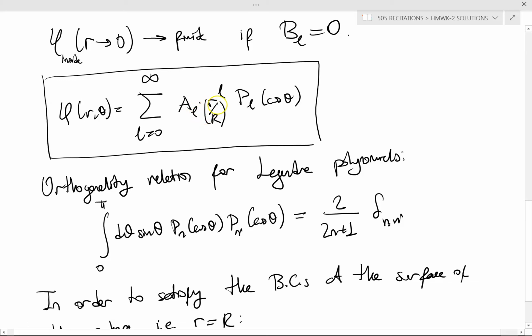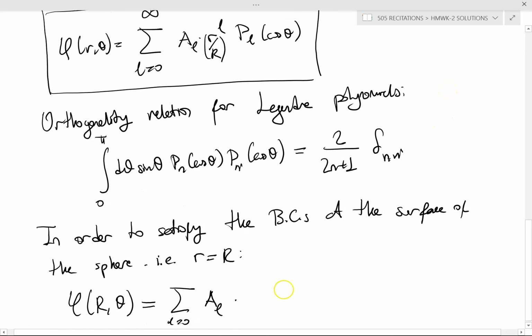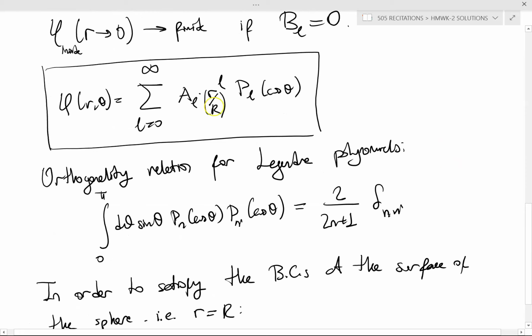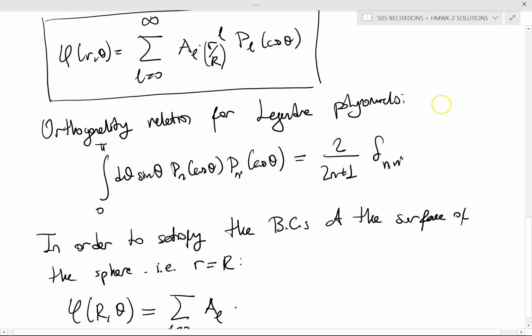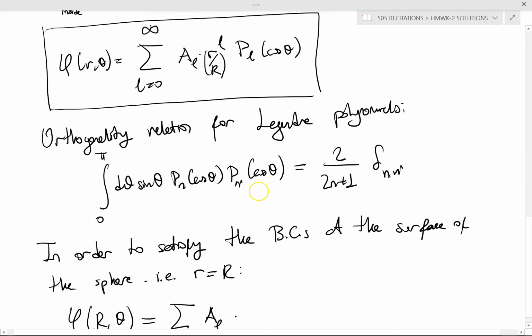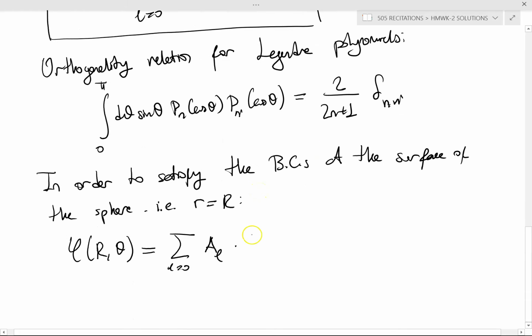To make things simpler here, I am just dividing it with the capital R, so that at r equals to capital R it turns out to be 1, and then P_L cosine theta.